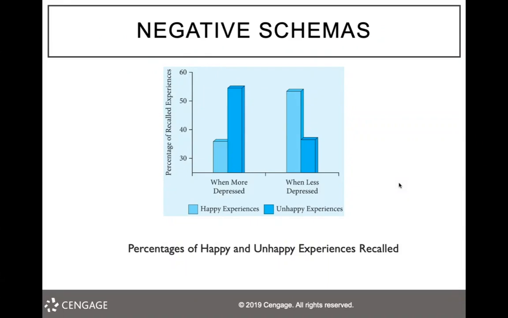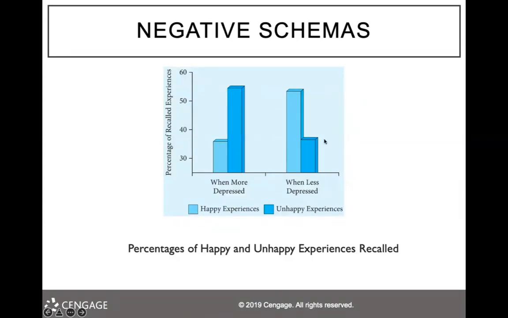Again, this was an important finding. What they did was they put happy experiences and unhappy experiences. The light bar represents happy experiences and the dark bar represents unhappy experiences. And we're looking at the percentage of recalled experiences. They found that when people were more depressed, they recalled unhappy experiences a lot more.